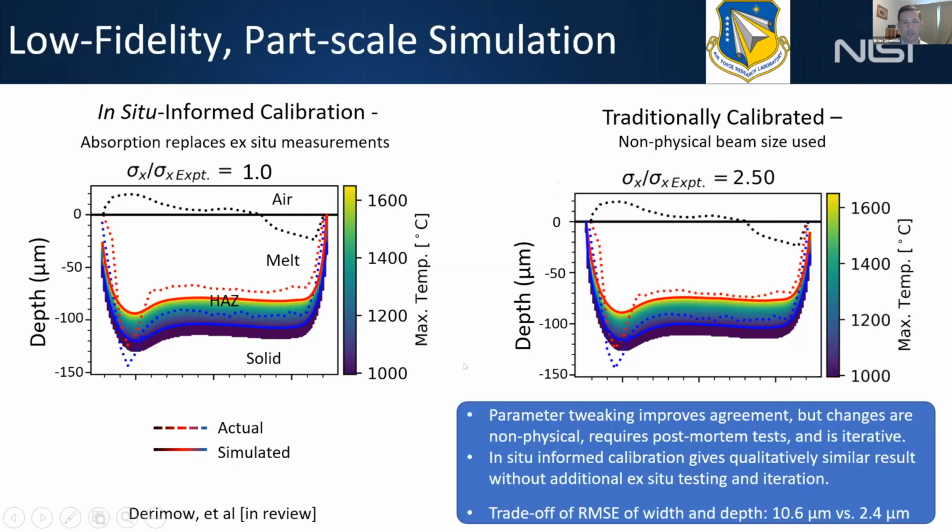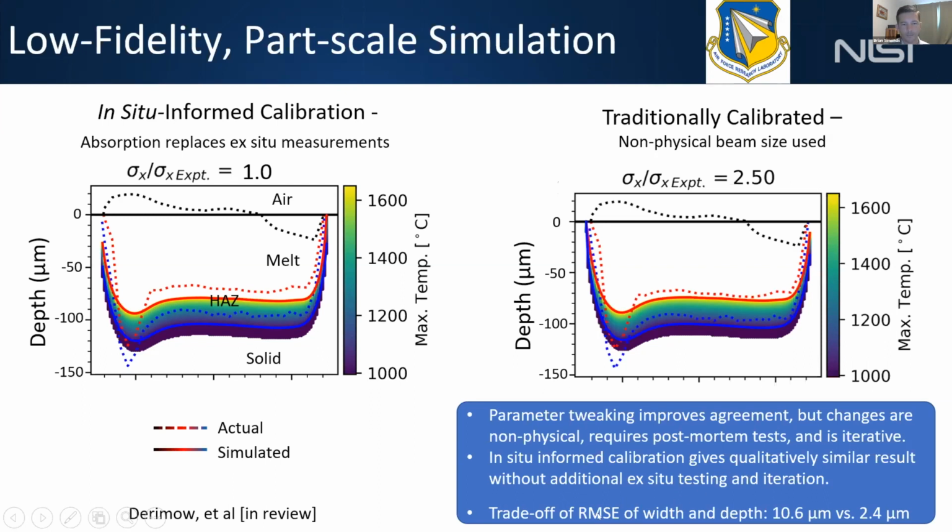The takeaway here is that using these tweaking parameters does improve agreement, but we know the changes aren't physical, right? We've had to change the heat source to be something other than what we know it to be. It also requires these postmortem tests and this iterative refinement. Whereas the in situ calibration technique will give qualitatively similar results, but without this ex situ testing and iteration.